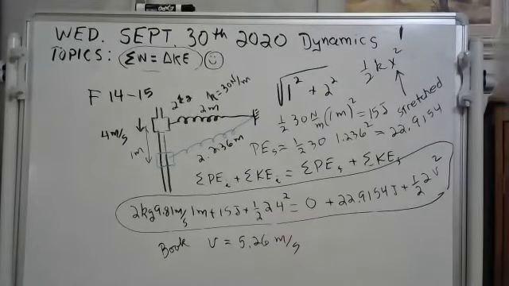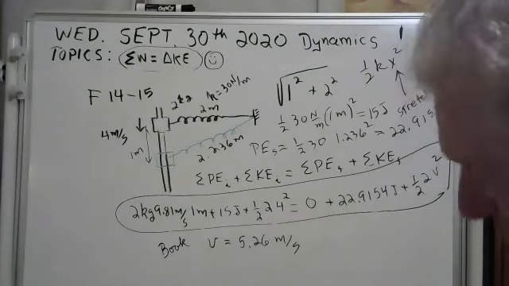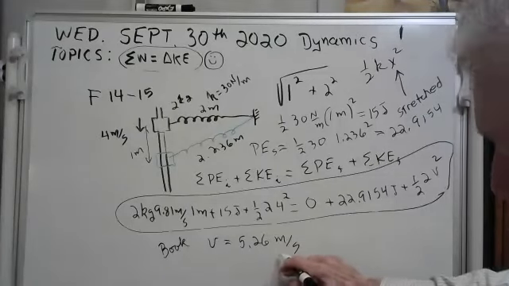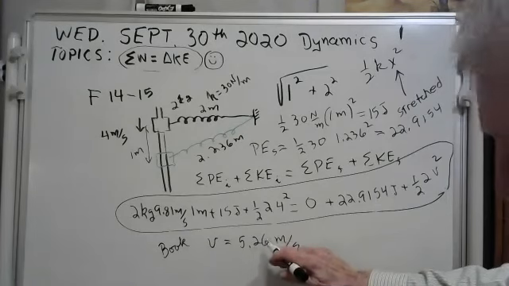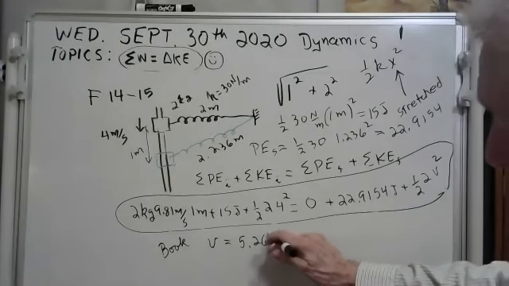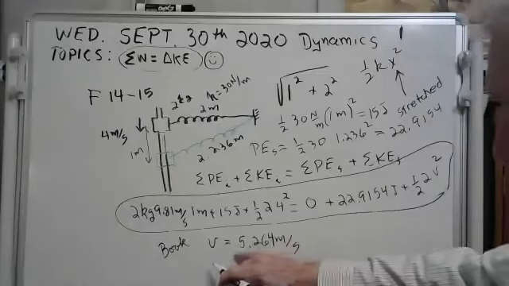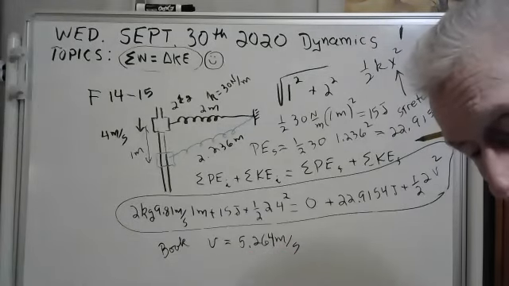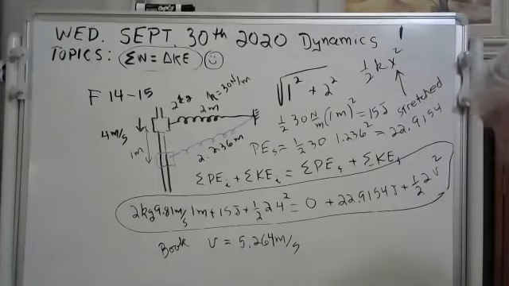I'm going to do it real quick. By Jove, that's exactly what I get. Well, what I get is 5.264, and the answer book says 5.26. So we use the conservation of mechanical energy.